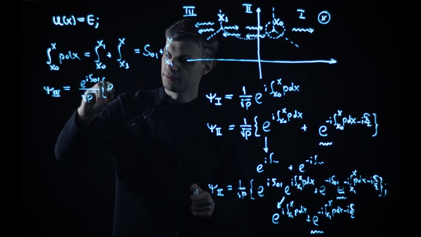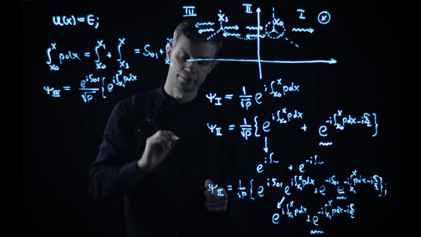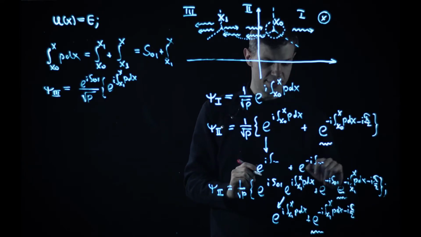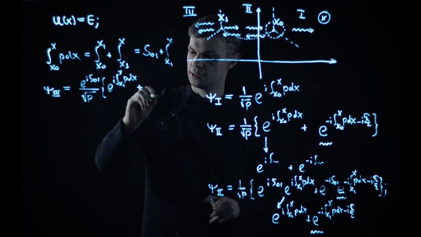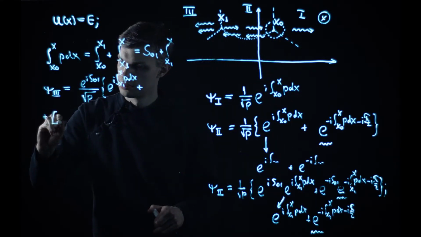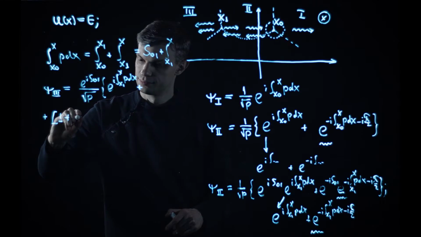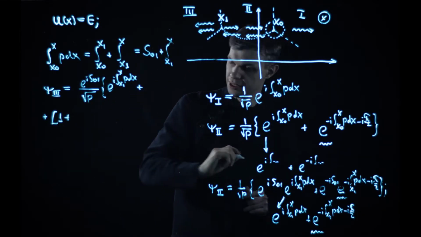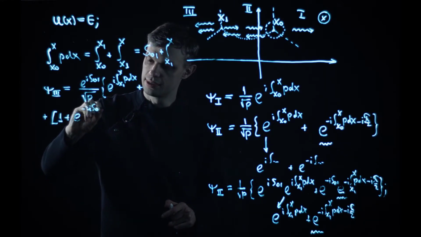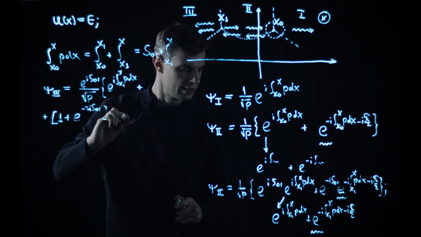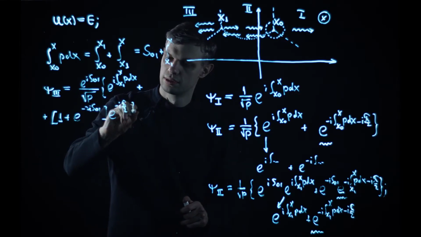The incident wave and the combined transmitted wave, which is one plus e to minus 2i S 0,1 multiplied by e to minus i pi by 2.